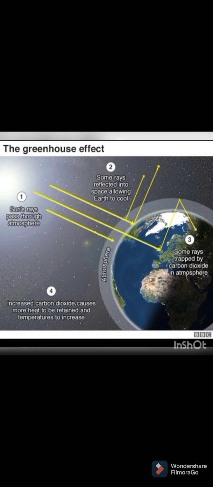This quality of carbon dioxide also makes Earth habitable for all life forms. However, as carbon dioxide levels rise beyond normal, the pace of warming also accelerates. The presence of carbon dioxide in Earth's atmosphere is almost entirely the result of human activity.